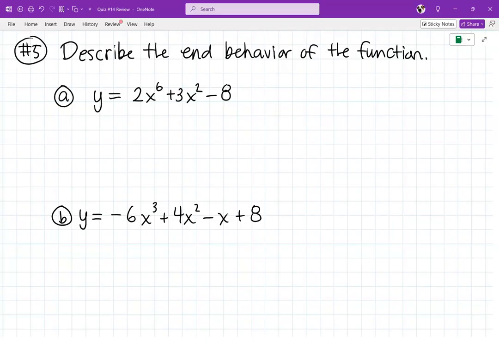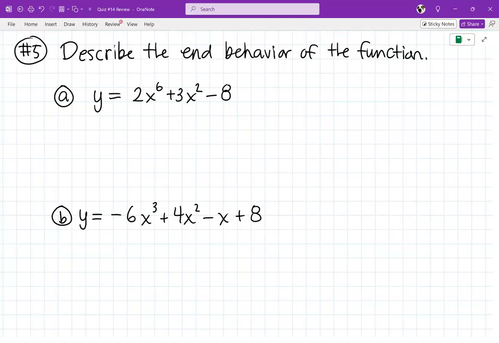What's my A term? 2, which is positive. It's not negative 2, it's positive 2. So my n value is even. My A term is positive. So what does it do? Not falling. Rises and rises.